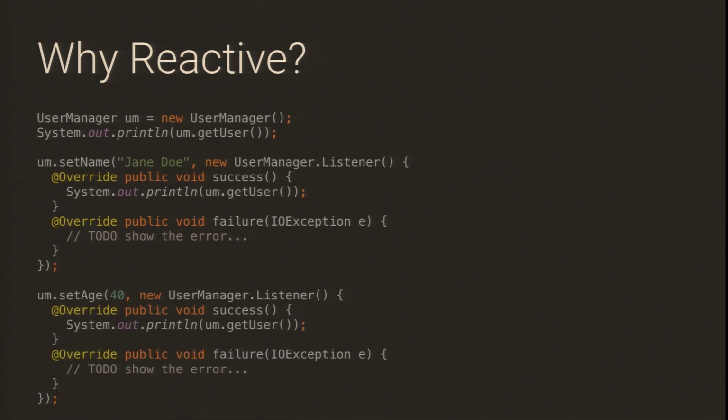So what if I'm also setting the name and the age basically at the same time. These are now asynchronous calls, so both of these are going to start almost immediately. There's not 2 cases that we have to handle here. There's actually 4, right? There's the case where both succeed, the case where both fail, and then the 2 cases where one or the other succeeds and then the other one fails.